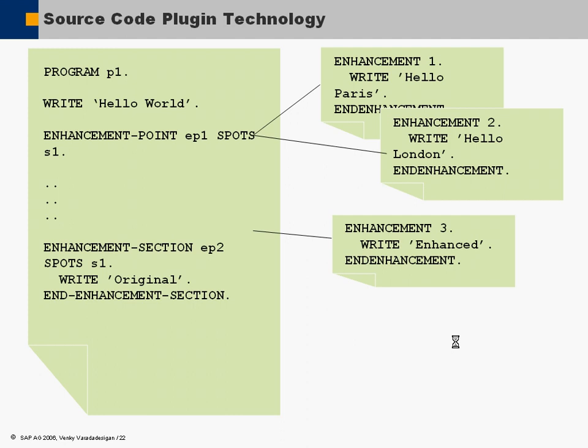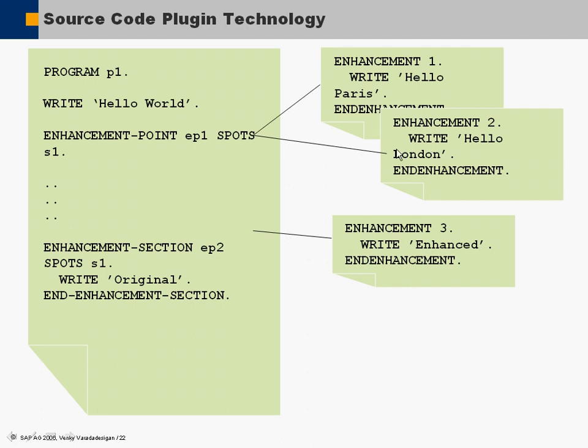And in this example, enhancement point is being implemented by two implementations by the customer. For example, here you have hello Paris and hello London, and if both are active, both will be printed. If one of them is active, one will be printed.